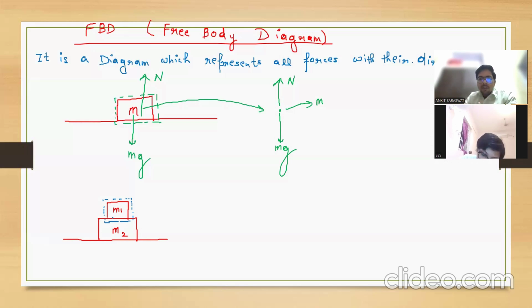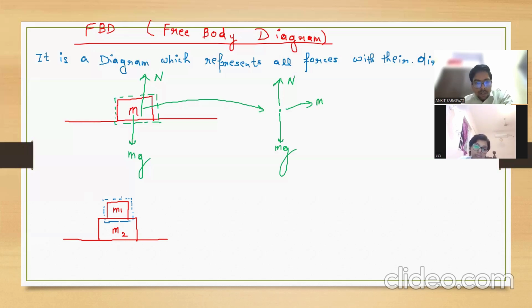We never draw the internal forces. What forces are acting on M1 due to the surroundings, due to other elements? We denote that. The force that M1 applies on the other block, we are not going to draw.